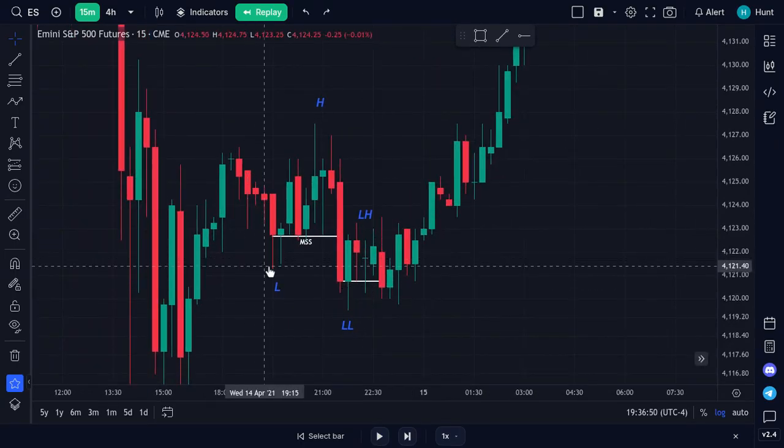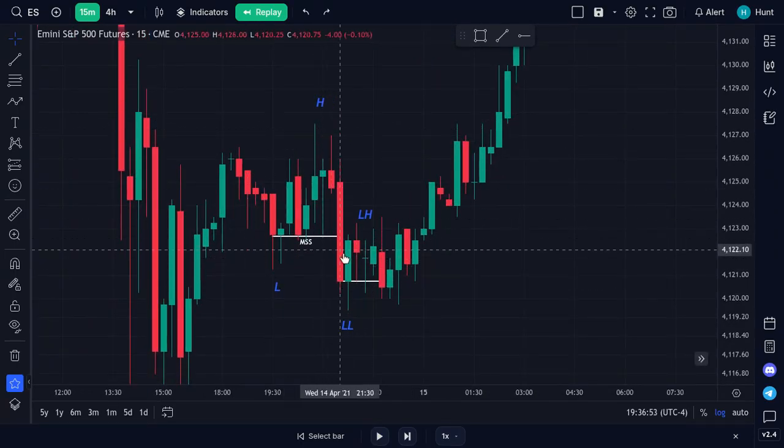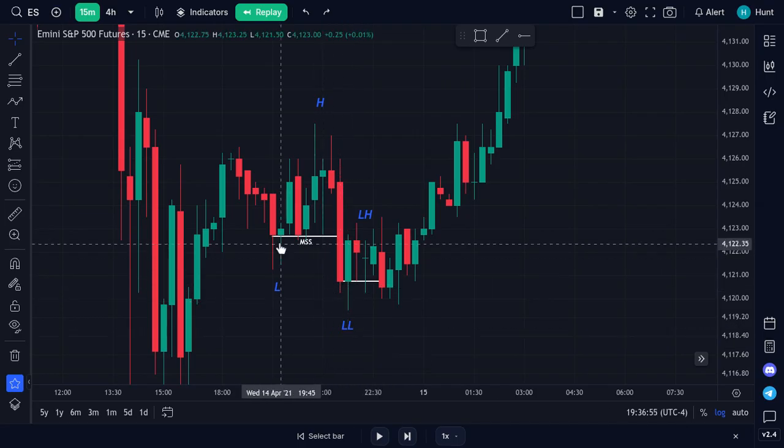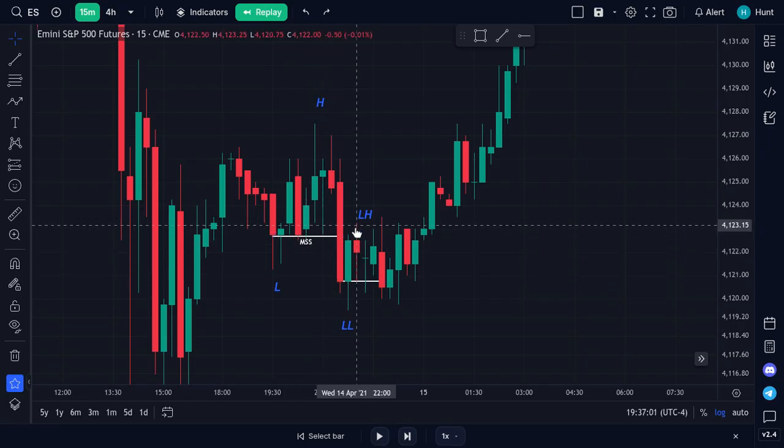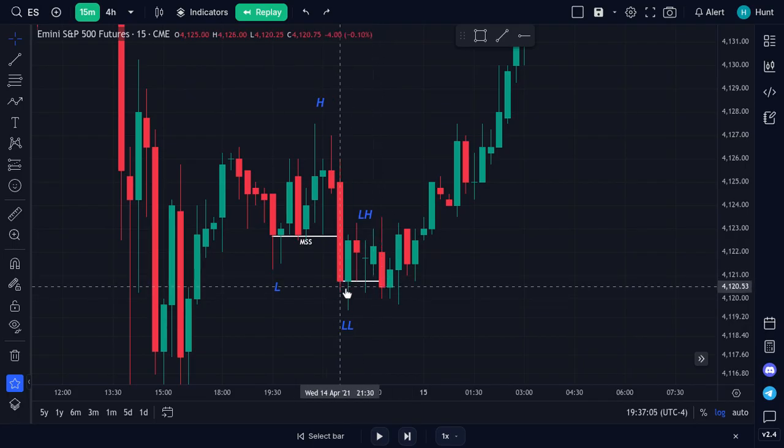So remember, low here, a high up here, price breaks, creates a lower low. This is a bearish market structure shift, meaning price may potentially be going down. You see we pivot up, create a lower high, and then you see this red candle breaks below the candle body close of this low, which I'll go over after this.